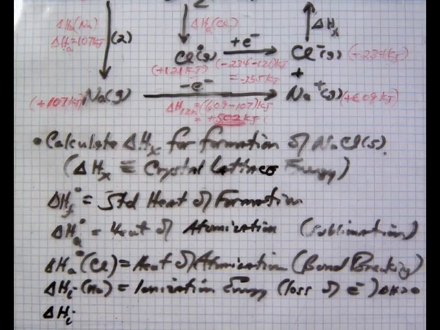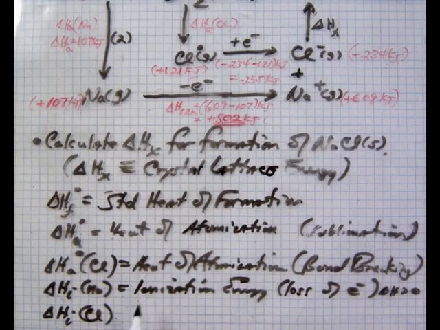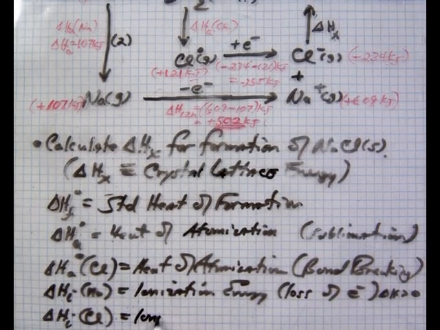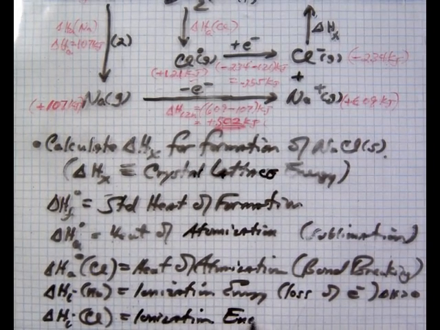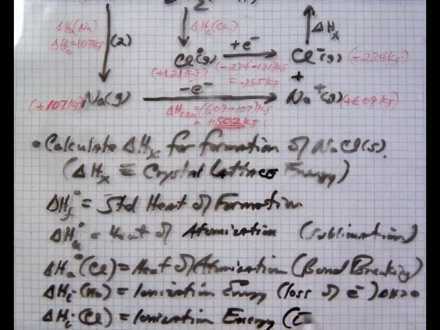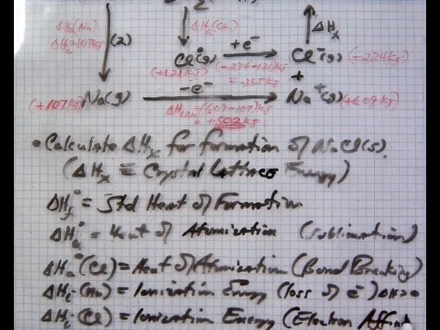Delta H ionization for chlorine is an electron affinity energy, is what they call it. But it gives up so much energy. So this is ionization energy, so to speak, or electron affinity energy.